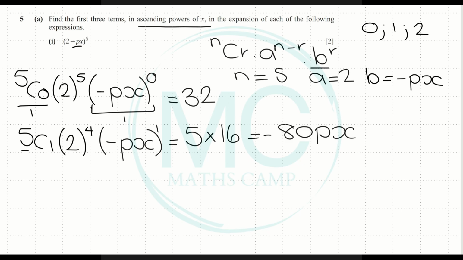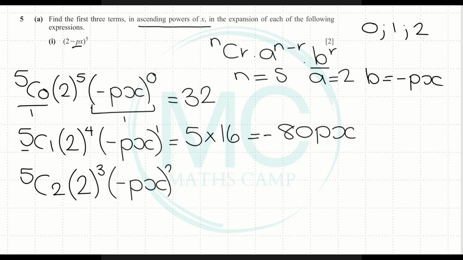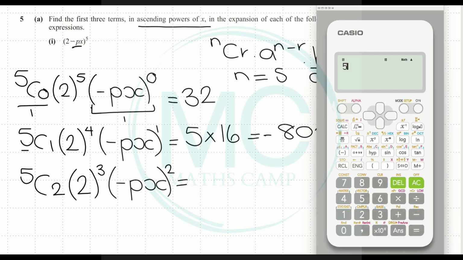For the third term, we can say 5c, r is now 2, multiplied by 2 with an exponent of 5 minus 2, which is 3, multiplied by negative px squared. Now you can take your calculator, say 5c2, let's multiply this by 2 cubed, and we get 80.